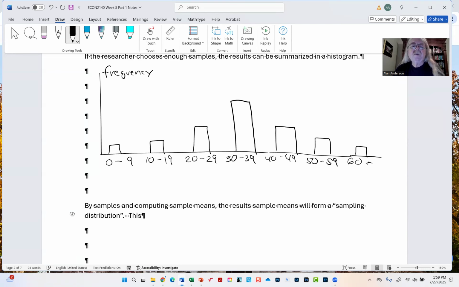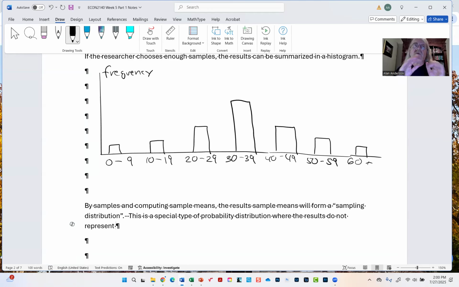This is a special type of probability distribution where the results do not represent an actual population of some kind. What I'm saying is that it doesn't show the entire population directly. Let me put it this way: the results are derived from sample means.